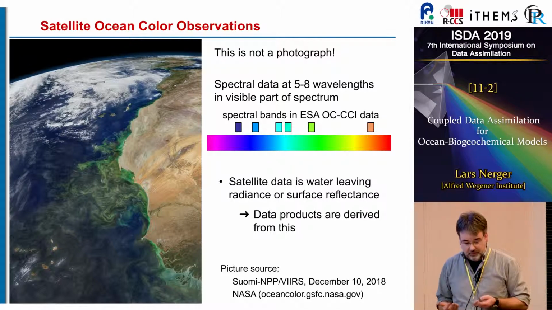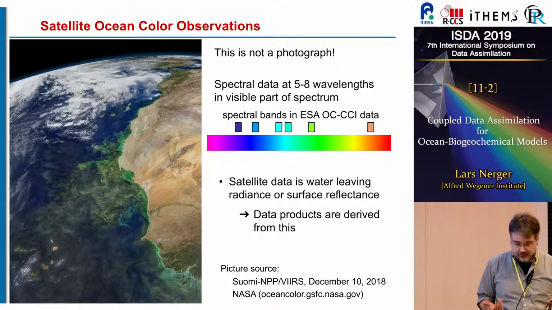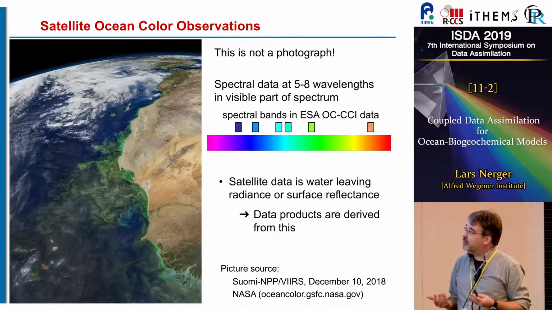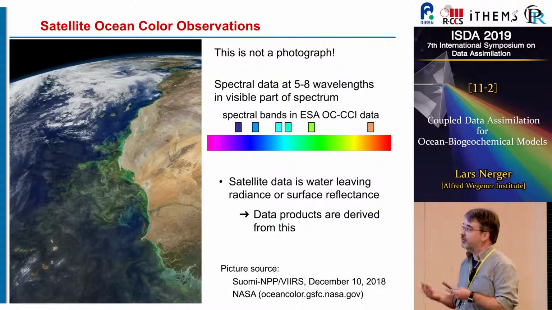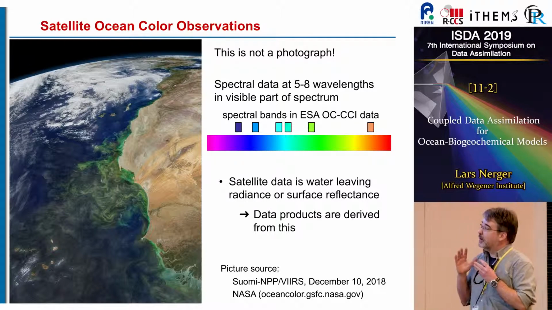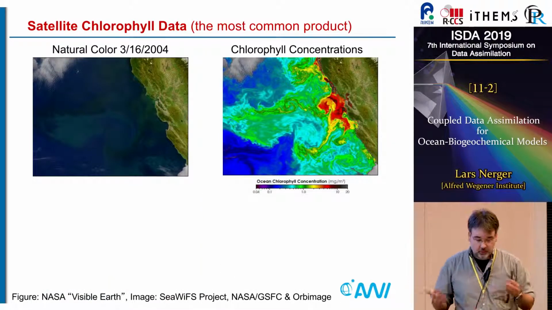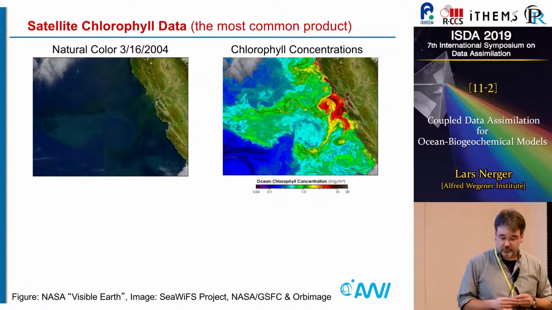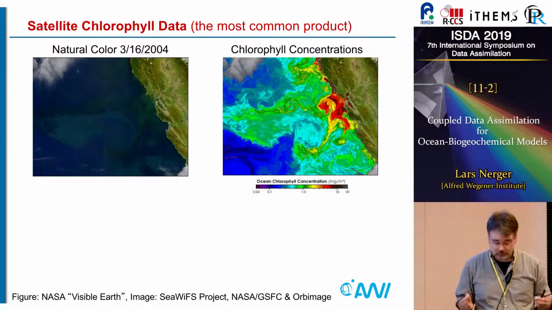But on the other hand, the satellite data is water-leaving radiance or surface reflectance. And what's then typically done is that we get retrievals, data products derived from these reflectance data. The most common product that we have is satellite chlorophyll data, total chlorophyll.